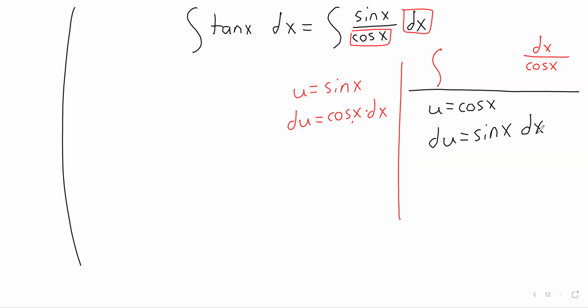U has to be the cosine of x. If we want to, formally speaking, dx is just an abstract symbol, but if it helps, you can think of it as dx over 1.